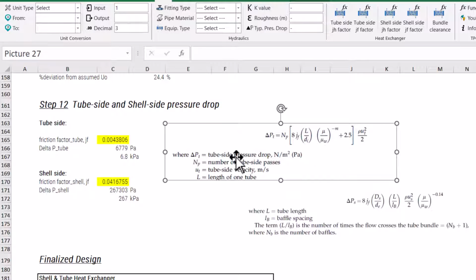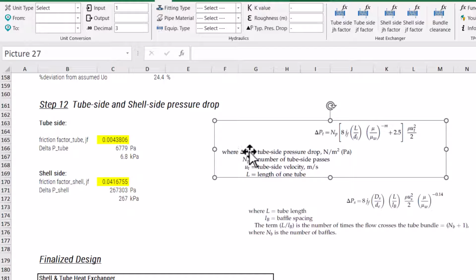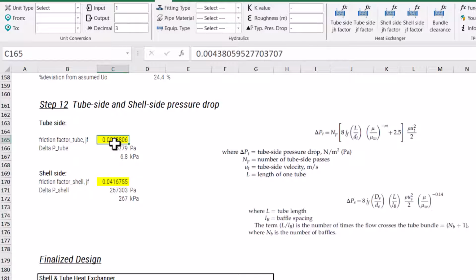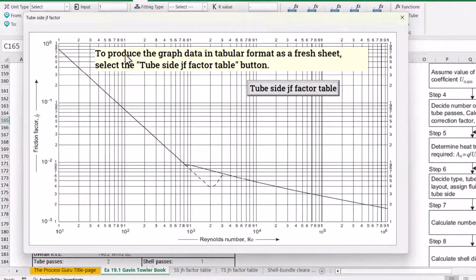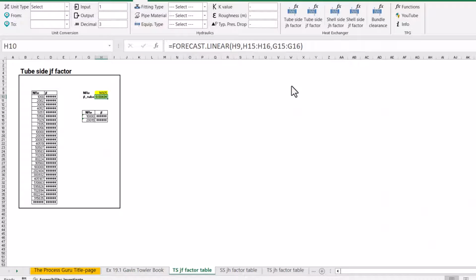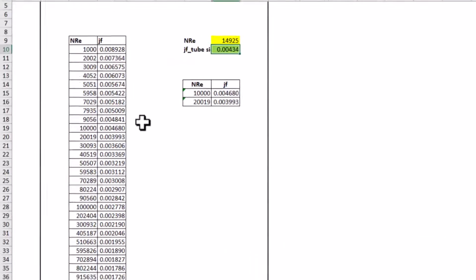Let me directly take you through that JF factor graph, digitized version. So it is the tube side JF factor. We need to click it, and this is the graph. We need to have the Reynolds number, and we just read this JF factor. To make it automated in Excel, we will go for this tabulated version of the graph.